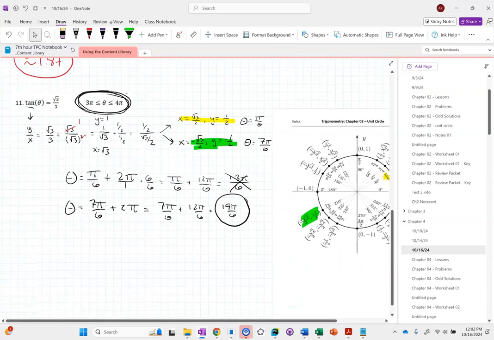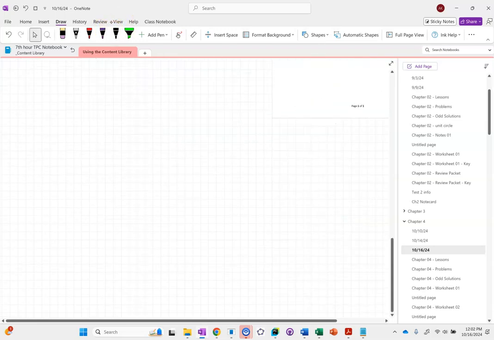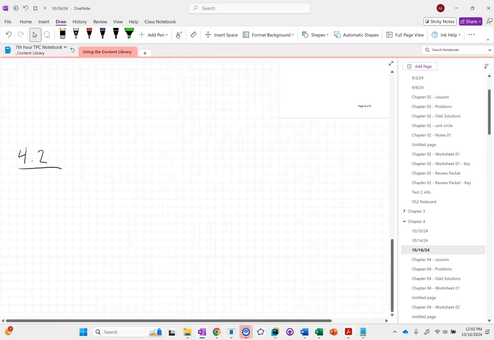Okay, so today I want to finish chapter 4, so we're going to look at section 4.2. This is really nice, though, as section 4.2 is pretty easy. There's just two pieces of vocab in here.